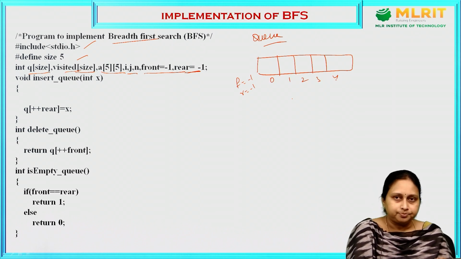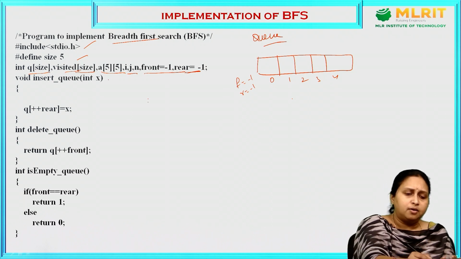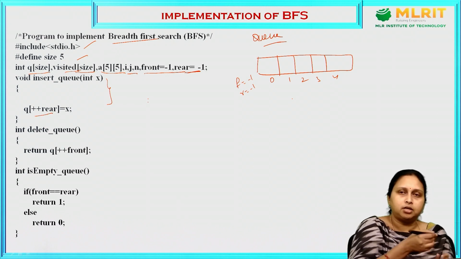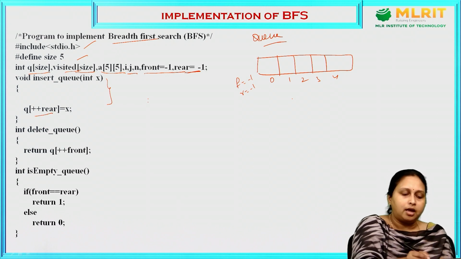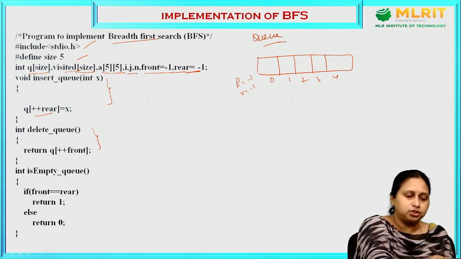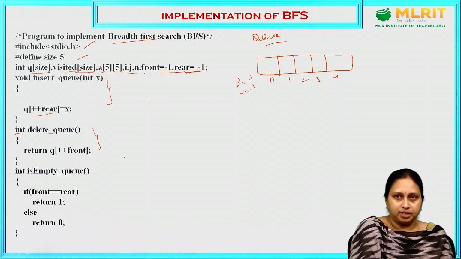Now, using this function we are going to insert an element into the queue, by incrementing rear. If you want to delete, we use front. This function returns the value if it is deleting.